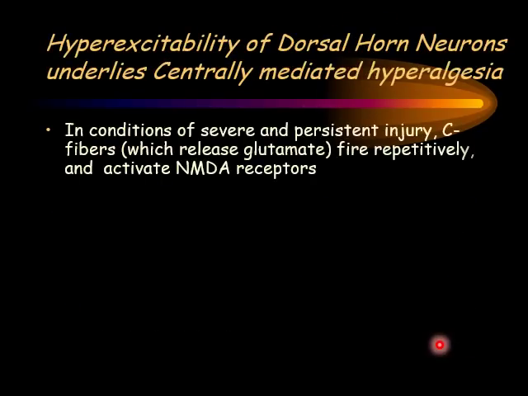The hyperexcitability in the central nervous system is associated with release of glutamate. When neurons fire repeatedly, they might release glutamate. If they release it in large amounts, it tends to activate NMDA receptors, a subtype of glutamate receptors.